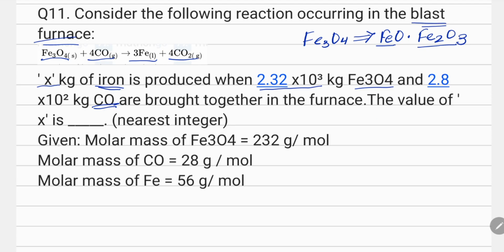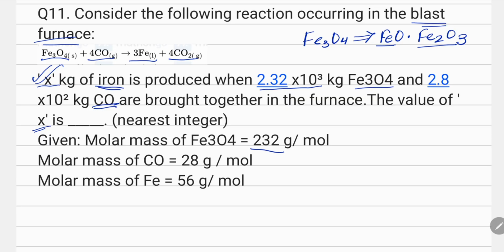We have to calculate the value of X. We have been given a few things. The molar mass of Fe3O4 is 232 grams per mole, the molar mass of carbon monoxide is 28 grams per mole, and the molar mass of iron is 56 grams per mole.